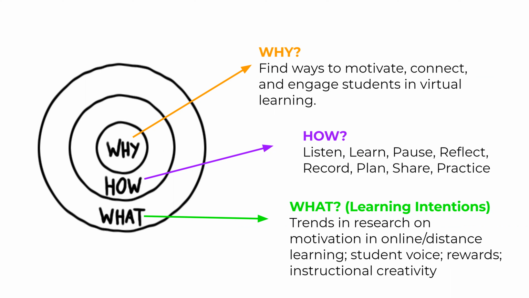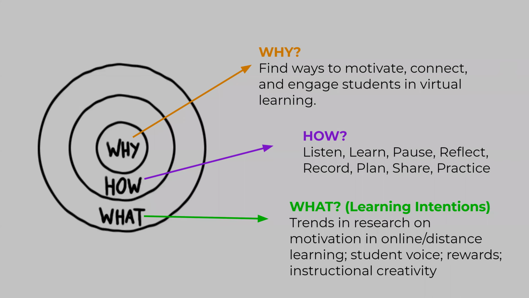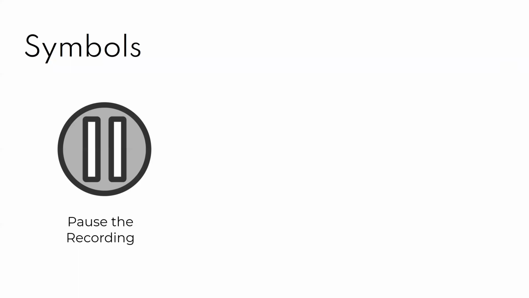Please note that this session is designed for both elementary and secondary staff members. Some ideas are going to apply to elementary, some ideas will apply better to secondary. So please keep an open mind and be ready for some learning. Since we are doing this online, I am going to use some symbols throughout. If you see the pause symbol, that means I'd like you to stop the recording and do a little bit more thinking, possibly some planning.